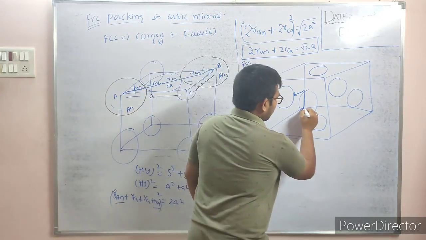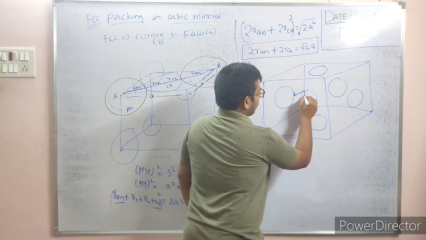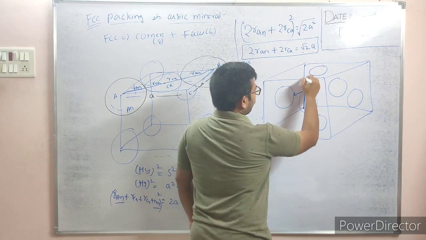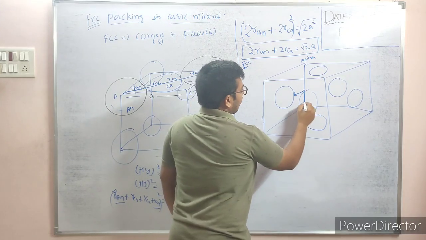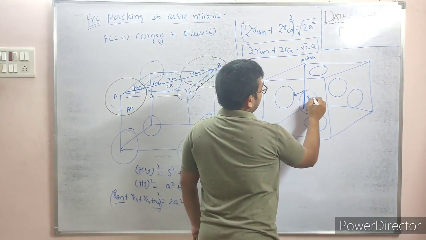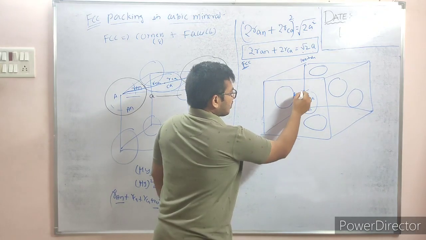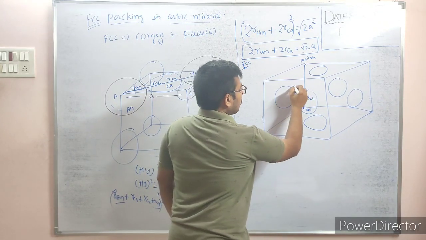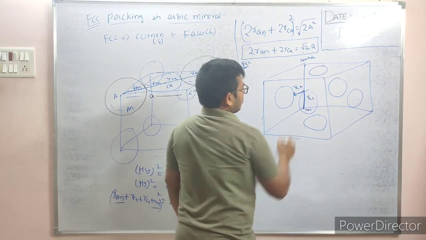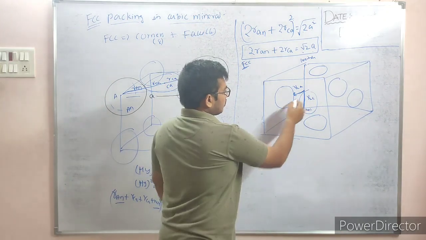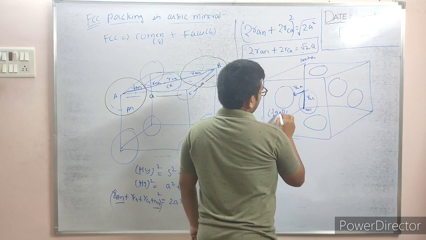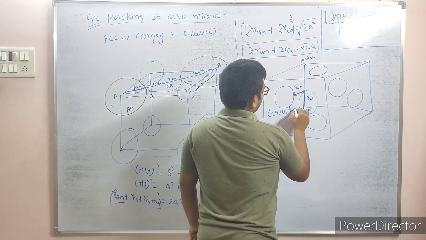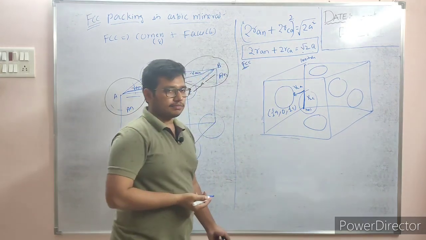From the origin, when it travels along C, we know this is 1 unit length, right? And it travels half of the length of C axis, and it is traveling along the A axis, which is half of the length of A axis. So how is it designated? Half A, 0, comma 0, half C. This is how we designate it.